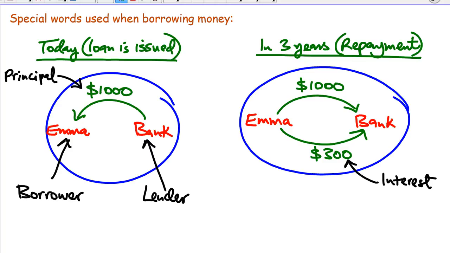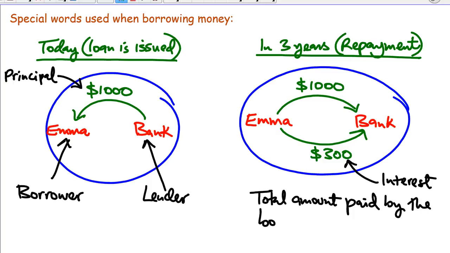So we can write that down and say that the total amount paid by the borrower is equal to 1,300.